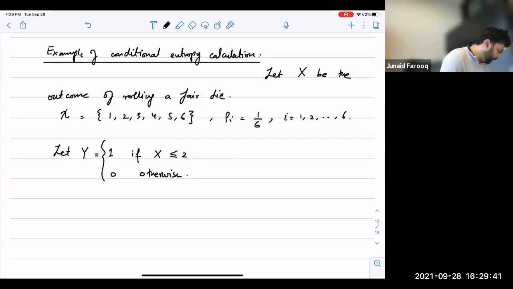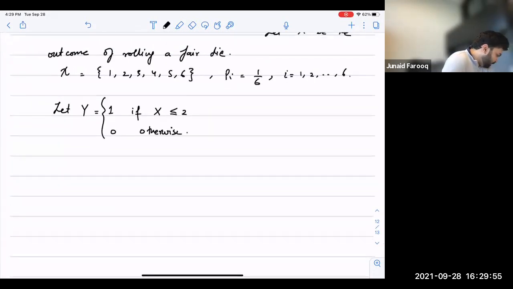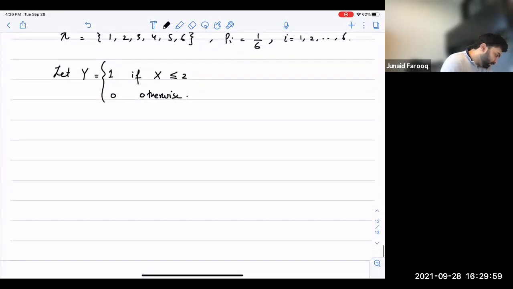Now let's see what the table looks like for X and Y. This is sometimes very confusing for students, but let's try to get through this.